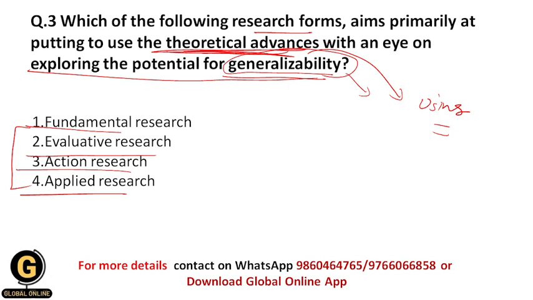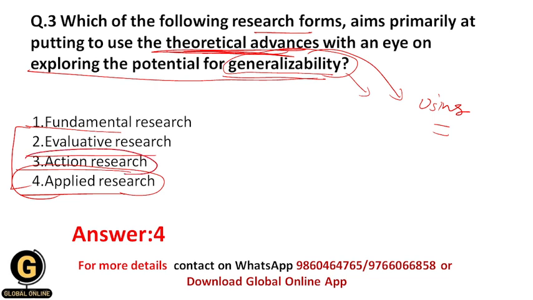And after getting the solution, it has that much potential that we can explore it for generalizability purposes. So the correct answer here is 4, because we are applying the laws to our research problem, and this is nothing but applied research.